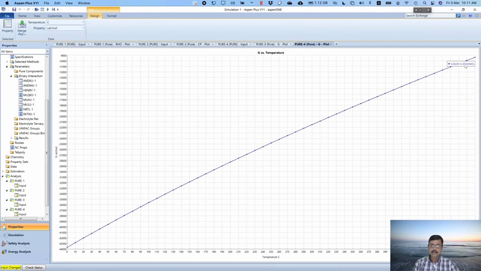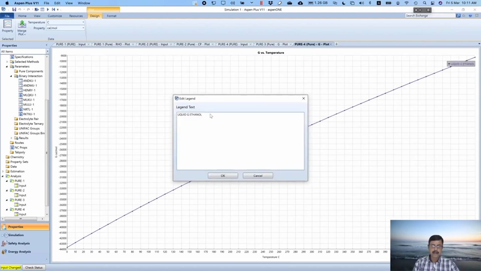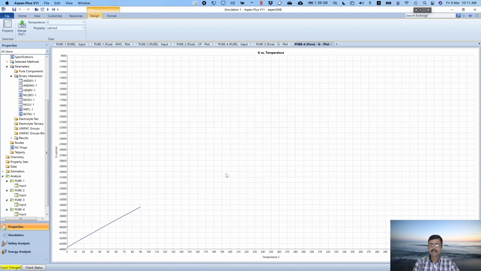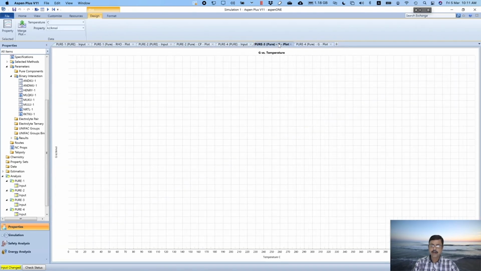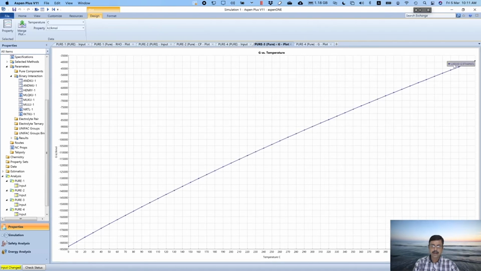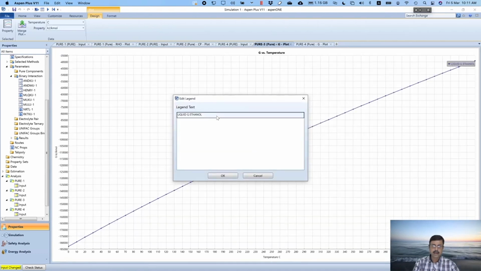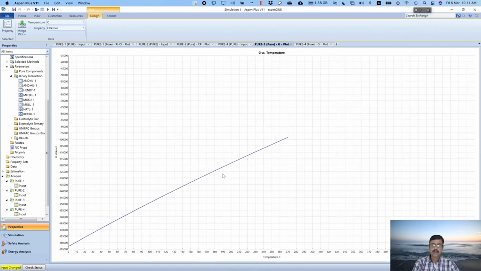Let us change the legend. It is for 1 bar. And this one is for 20 bar. Okay.